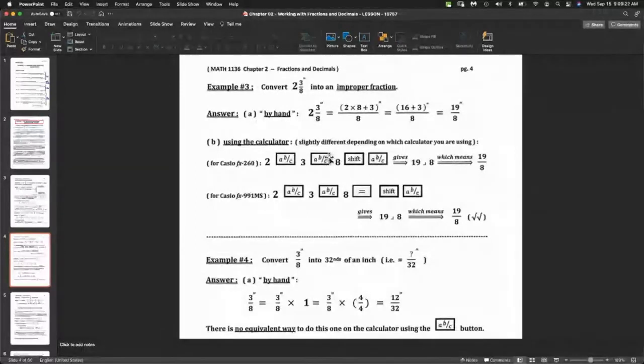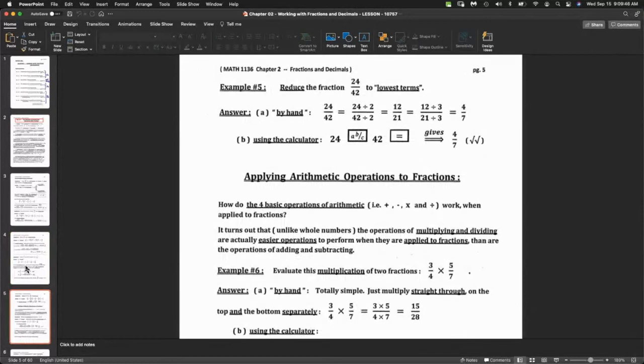And the author shows you in detail how you can do the calculations with fractions on your calculator. Many students are shocked, even students that I TA'd at U of T back in the day when I was a TA there, or even lecturing there. They're like, I can do fractions on my calculator. I mean, they knew they could do it, but they never really paid attention to how, because it was sometimes awkward. So it's kind of shocking anyway.